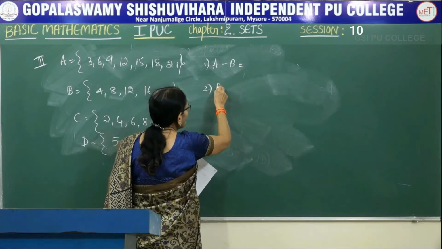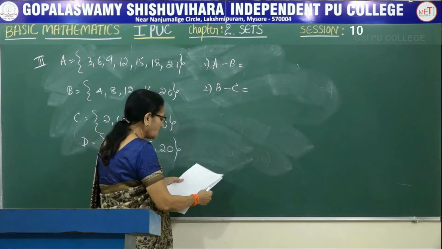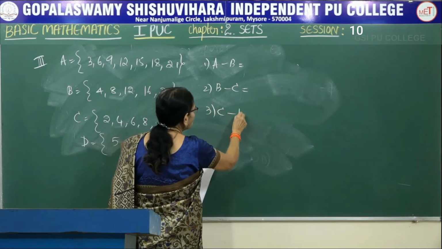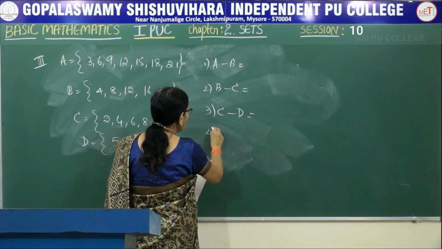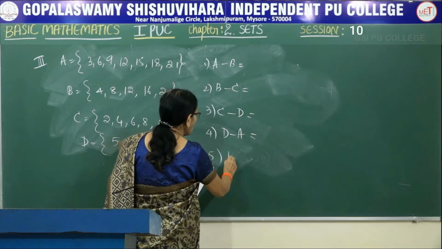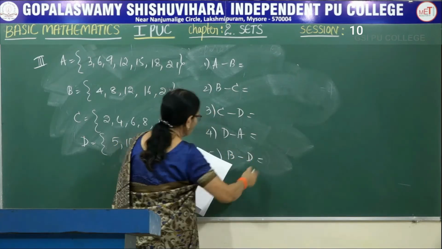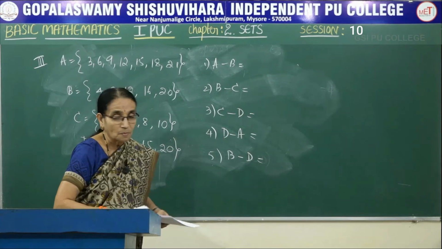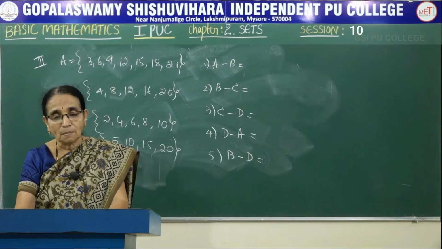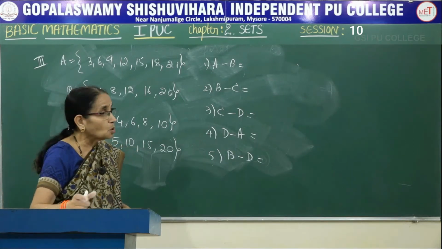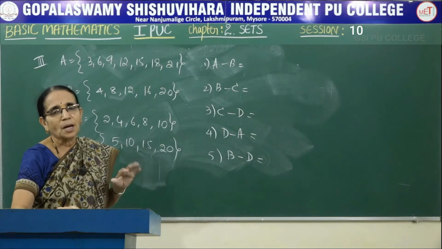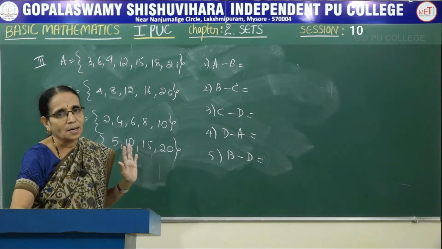A minus B, B minus C, then C minus D, fourth one, D minus A, and fifth one, B minus D. Here the order is important because, as you know, I told you already, the difference of two sets is not commutative. So A minus B cannot be equal to B minus A.